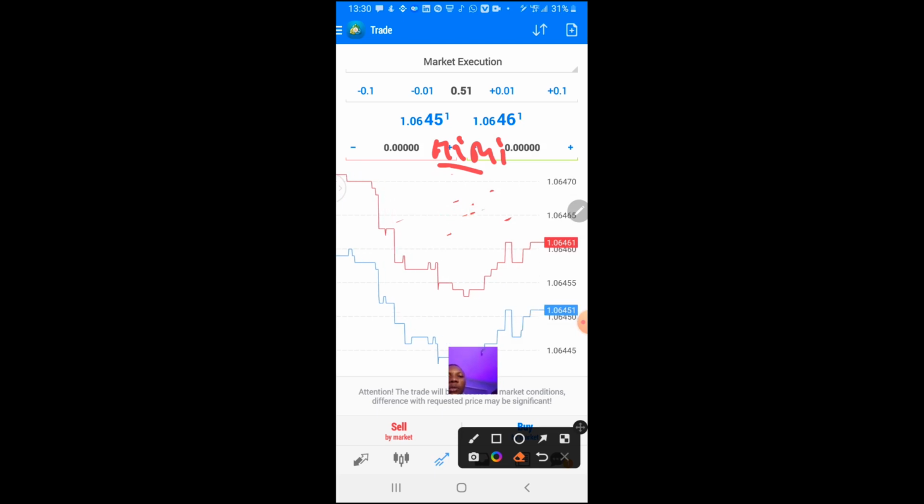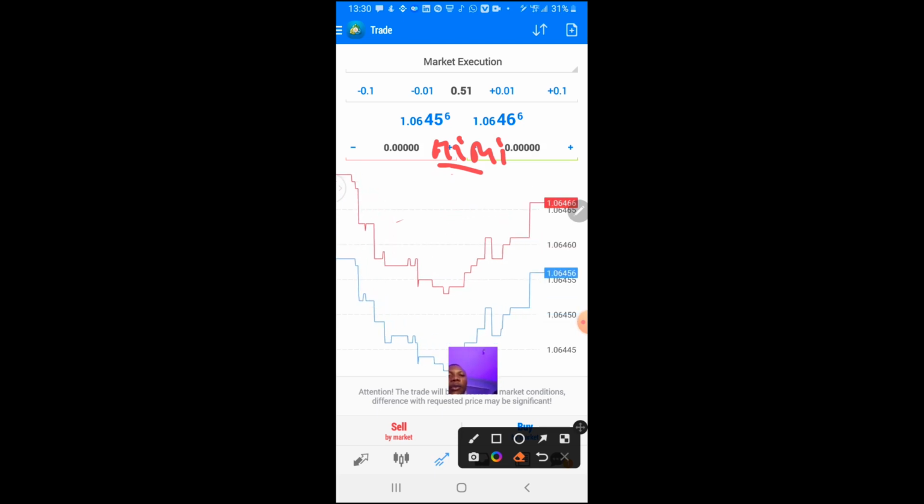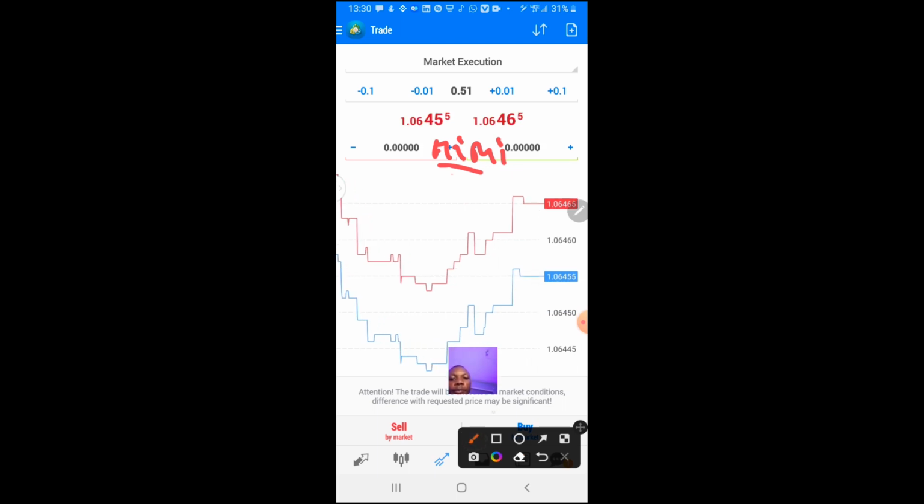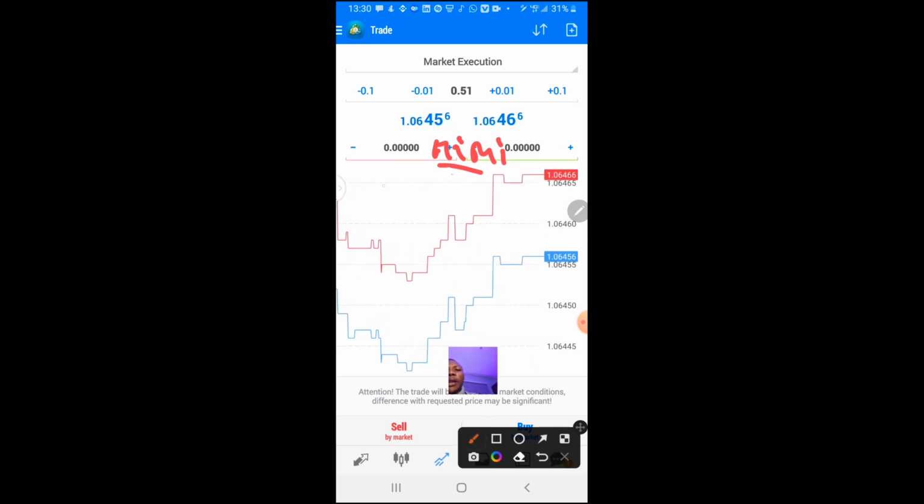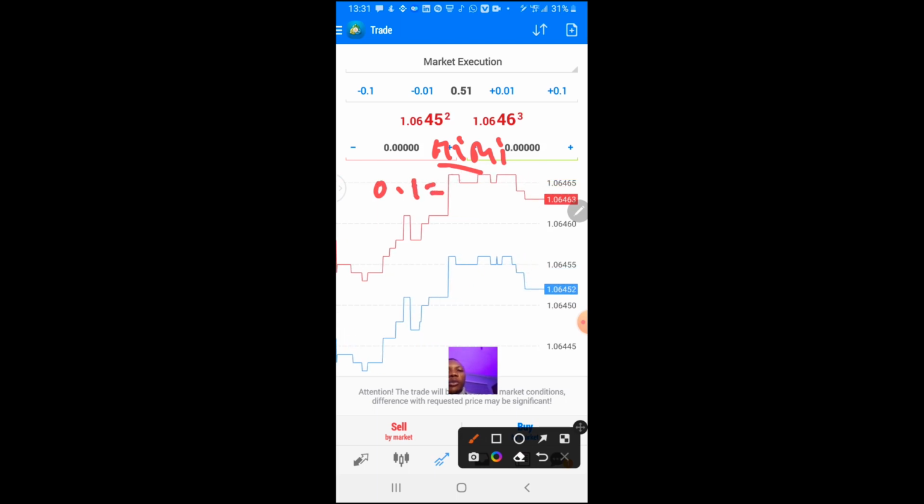Okay, so let's proceed, guys. So now with this, you have 0.1 is equal to $1. Okay, so after 0.09, which is 90 cents, if you add another 0.01, it is now equal to $1.